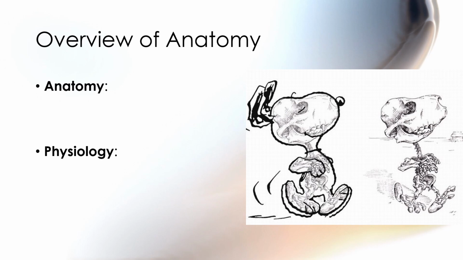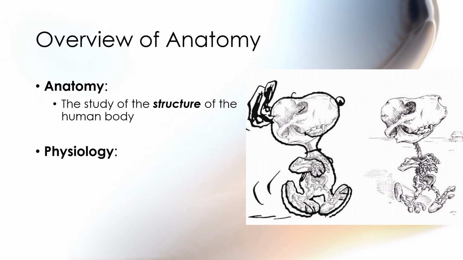So we are going to be studying anatomy, but we always talk about anatomy and physiology together, right? You're going to be taking anatomy in this course, and then you will be taking physiology in your next course. So what is the actual difference between anatomy and physiology? How are they similar? How are they different?